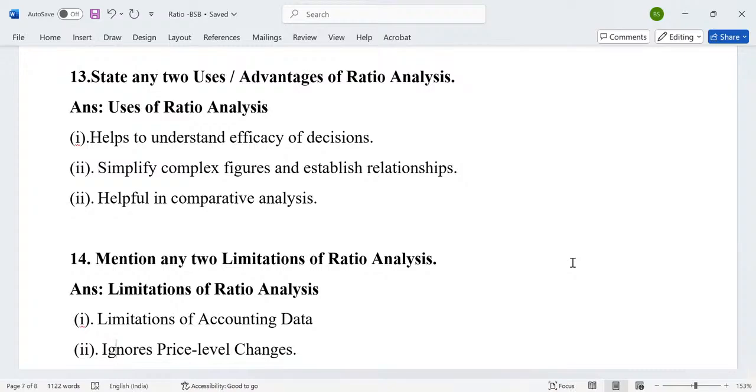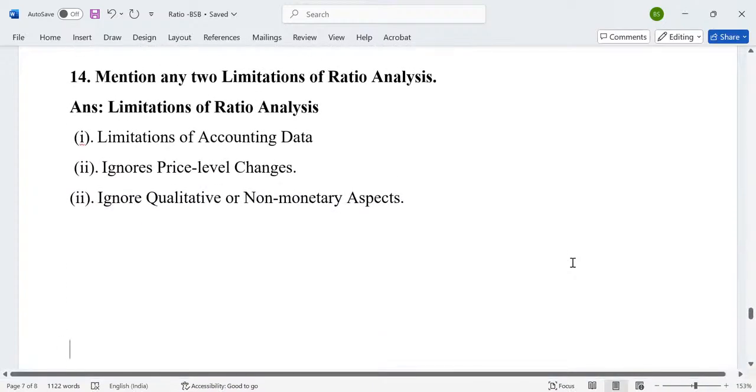As I told you, in ratio analysis two terms are there. One is analysis. Analysis means simplification of financial data. That's why simplification of the complex figures and establishing relationships. Number 3, help in comparative analysis. We can compare our ratios with other company ratios, our last year ratios with this year. So it helps in comparative analysis.